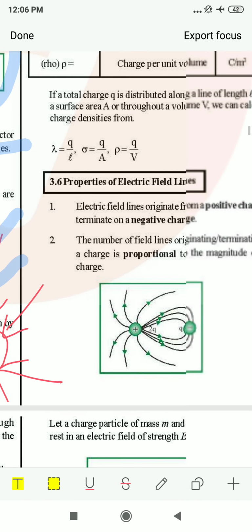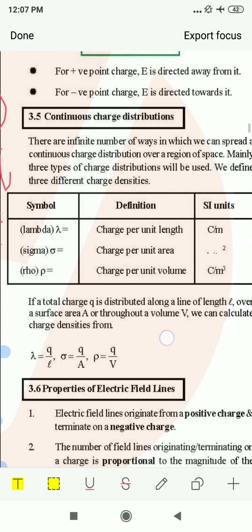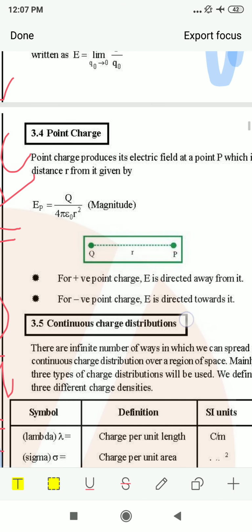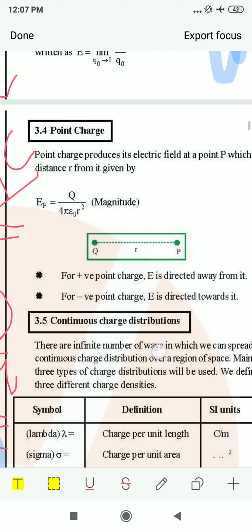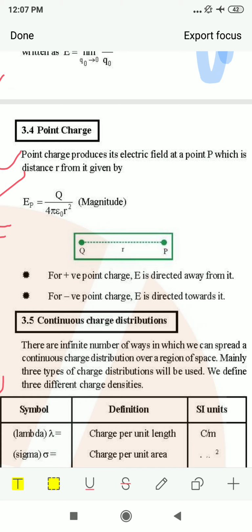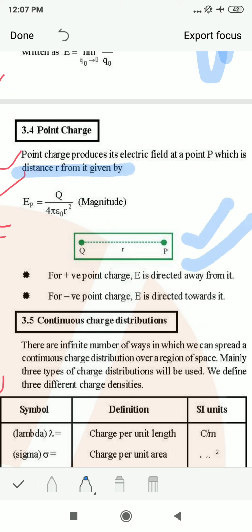The next comes the continuous charge distribution. Before this, we are having point charge. What is point charge? A point charge produces its electric field at a point P with distance r from it. Suppose this is a point charge, we are having capital Q. So it will produce an electric field at point P, and the mathematical form will be EP.